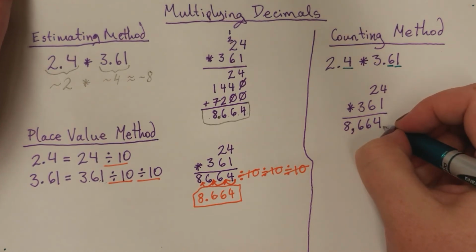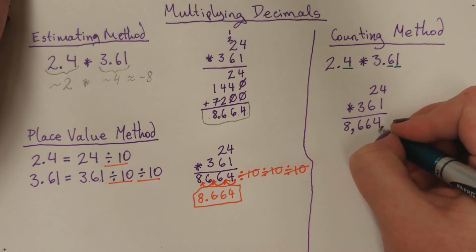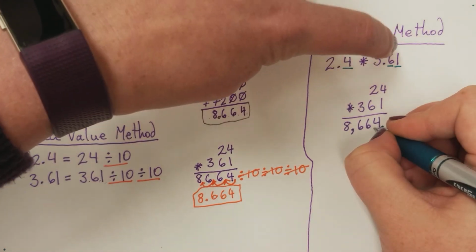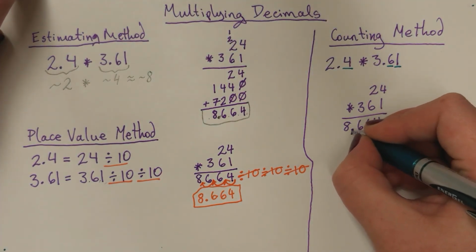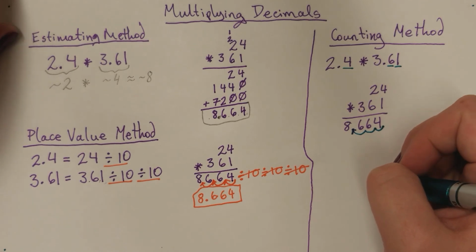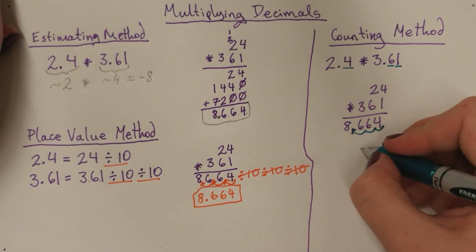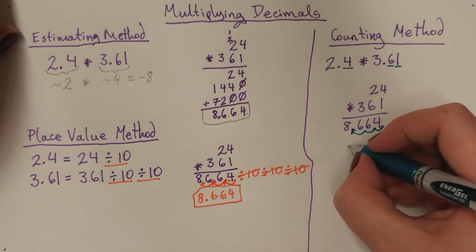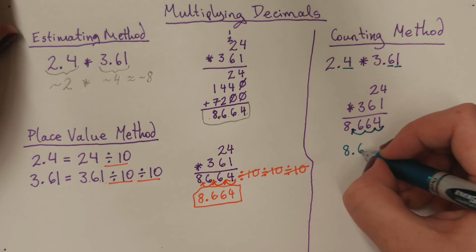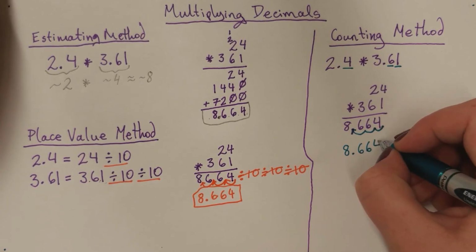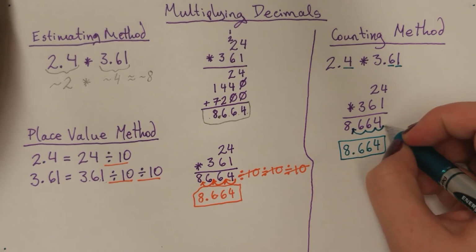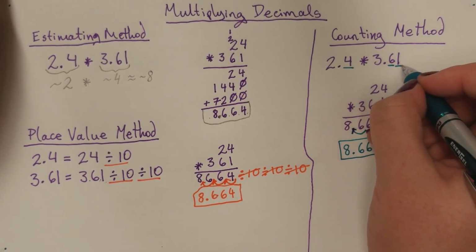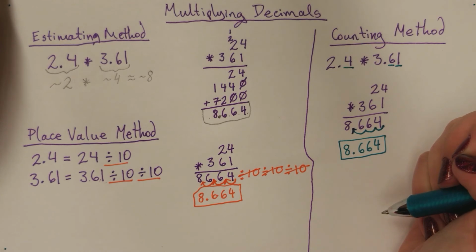We know that we need to move our decimal, this invisible one at the end again, 3 times. 1, 2, 3. So it ends up right here. And we end up with that final answer again of 8.664. We moved it 3 times because there were 3 numbers to the right of the decimal.